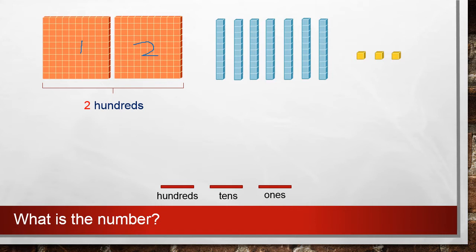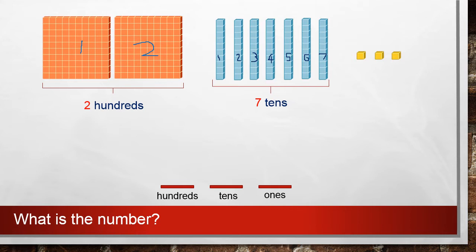What about the tens block? We have 1, 2, 3, 4, 5, 6, 7. 7 blocks of tens or 7 tens.